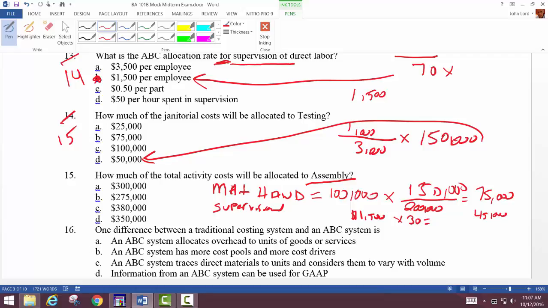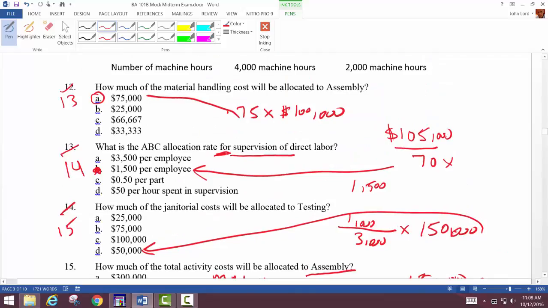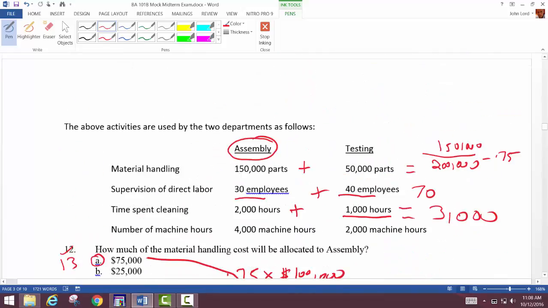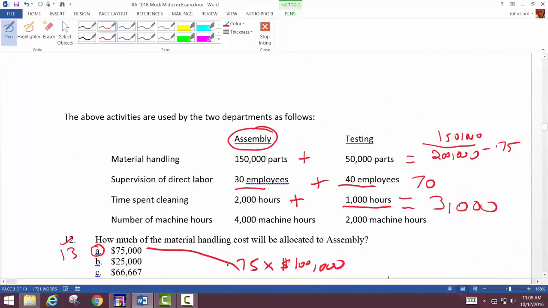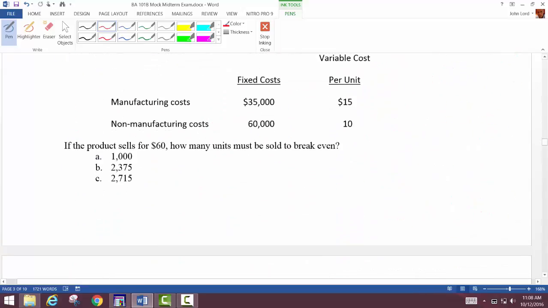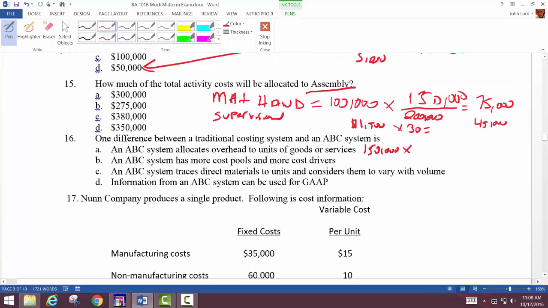So it's 150,000 of cleaning costs times, and I have to use hours total. It's 3,000 hours total, and I'm going to pick up 2,000 of those for assembly. So 150,000 times 2,000 divided by 3,000, and that's going to equal 100,000?